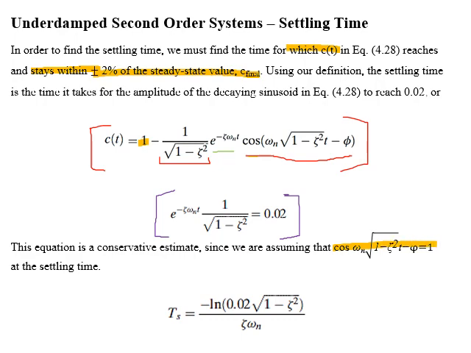This defines a band of 2% around the final value of the response. Now solving this equation, we get a relation for our desired settling time.